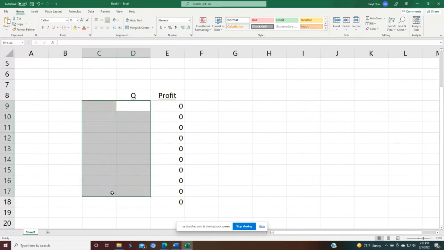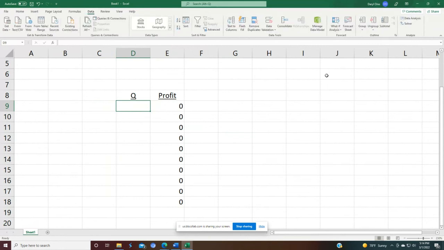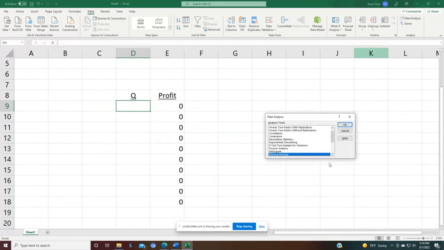So how do we do that? We want to go to data, data analysis, and choose random number generation. Hopefully you can see this. Random number generation, hit OK.